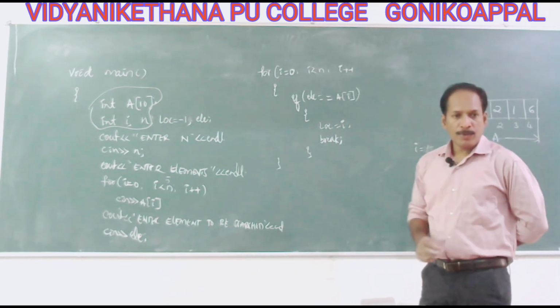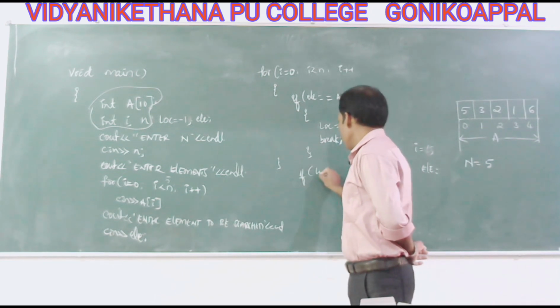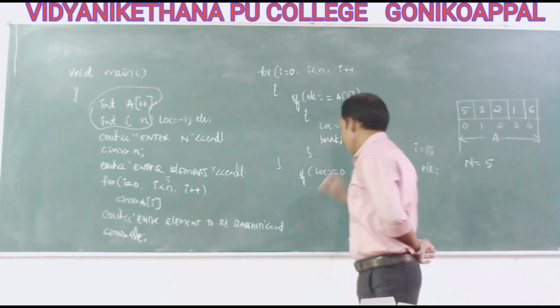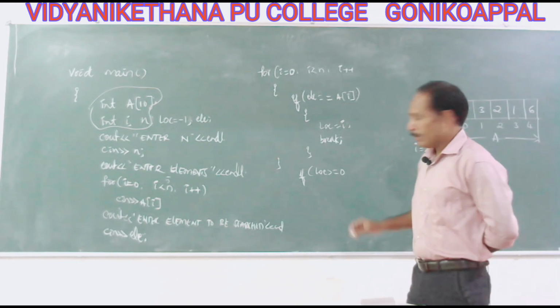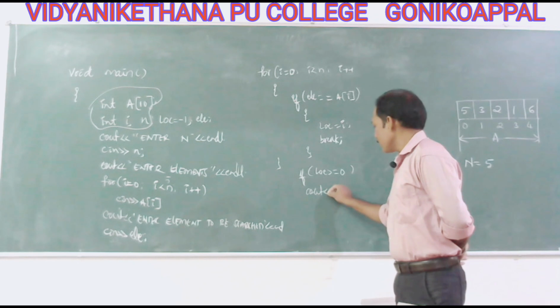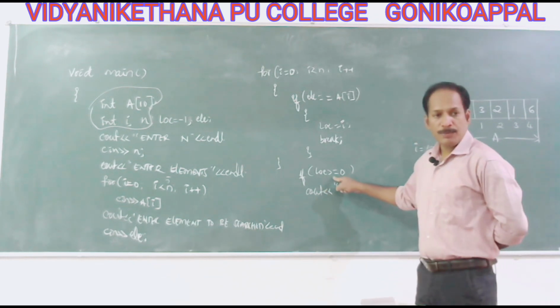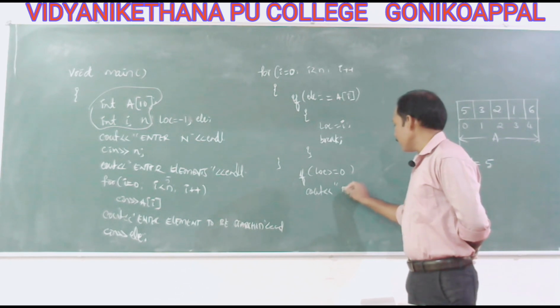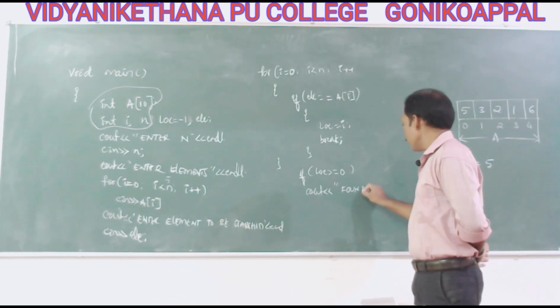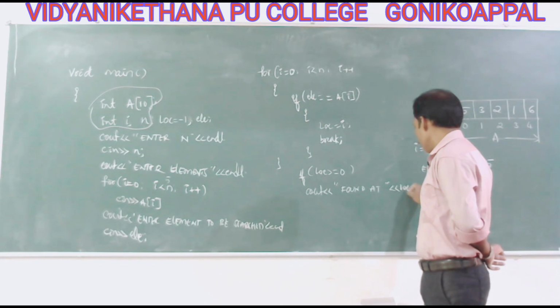Then the output decision making, same thing: if LOC, written mathematically, is greater than or equal to 0, then we use cout. If it is true, we can write found, element found at LOC plus 1.